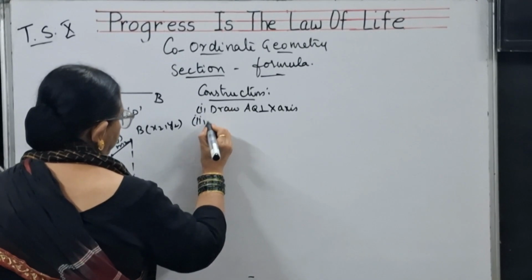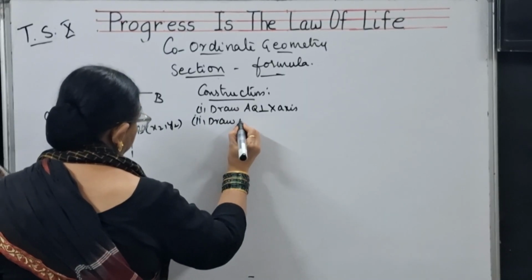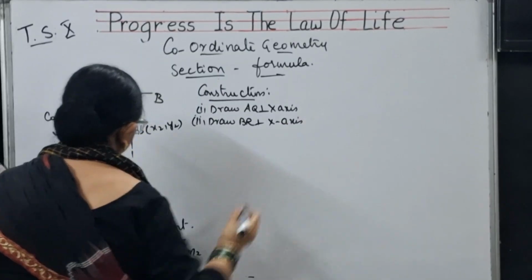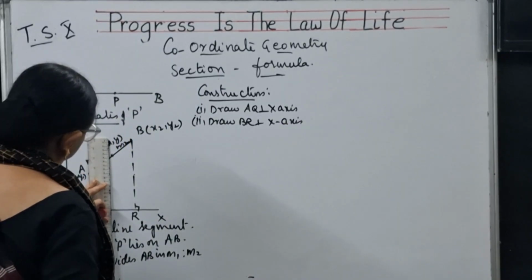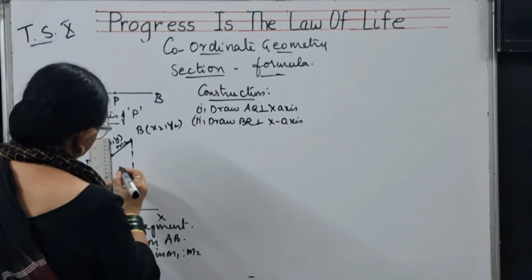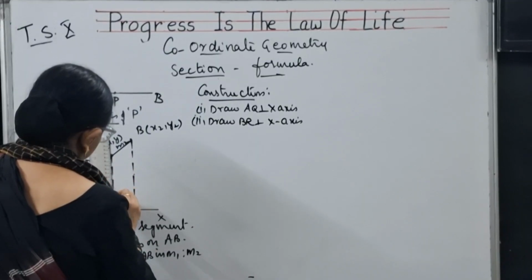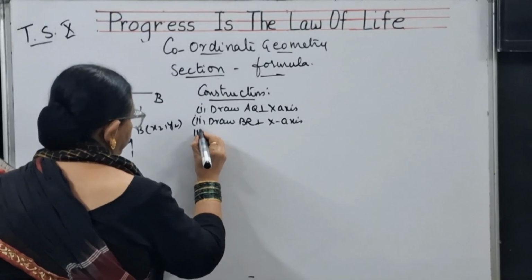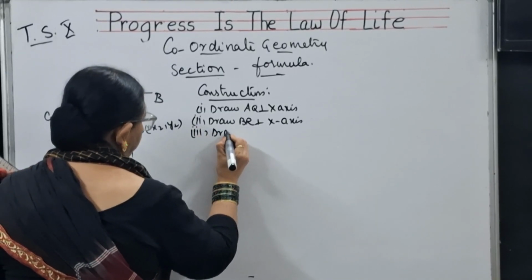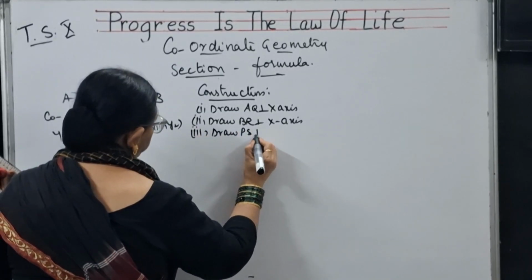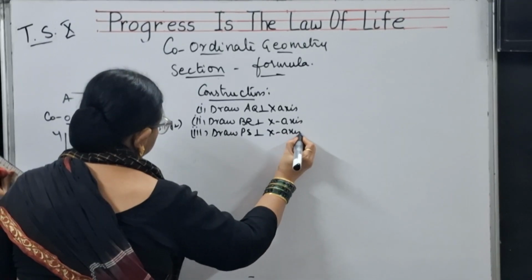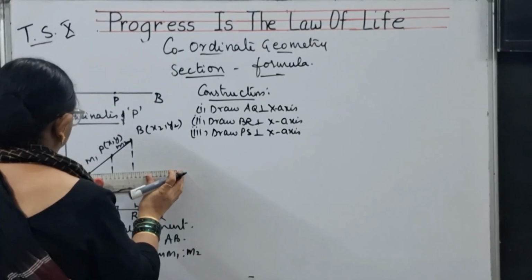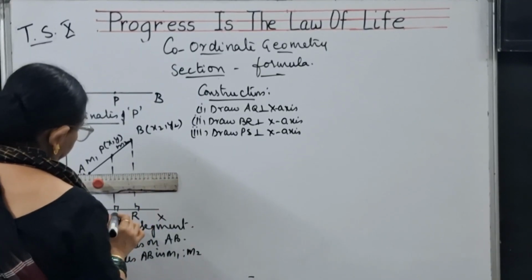Second one, draw BR perpendicular to the x-axis. Next, draw PS. Third one, draw PS perpendicular to the x-axis. After that, this is S.